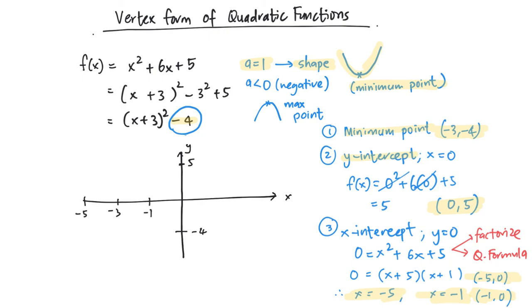Earlier we said that negative 3 is the line of symmetry, remember? So it makes sense now. The gap between negative 5 and negative 3 is 2 units, and the same thing goes here. So it will be a bit difficult now. This will be the lowest point, and that's it.